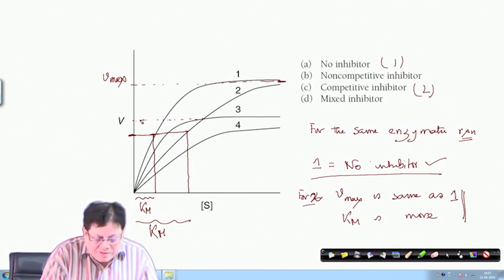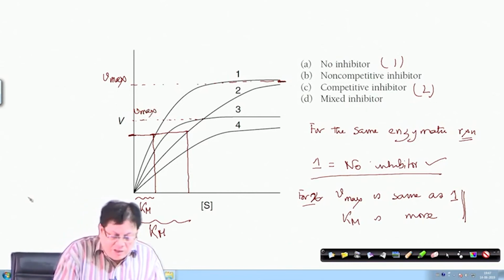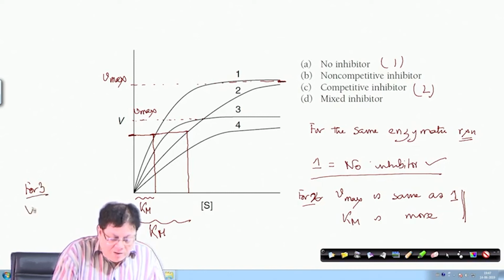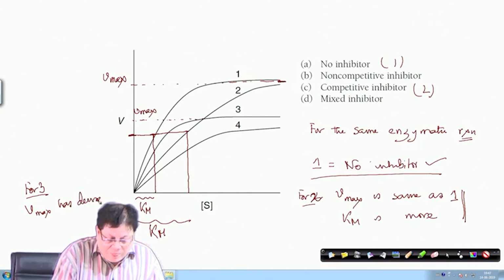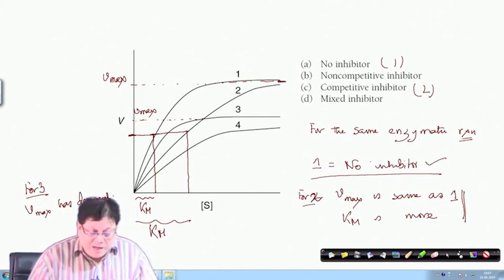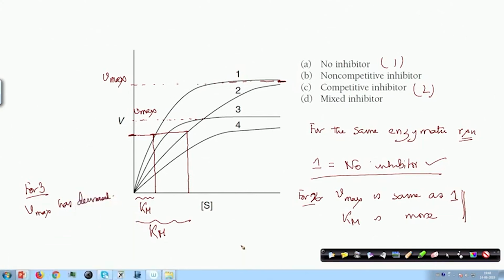The value of V max is this for the third graph. Okay. So, for 3, V max has decreased. Okay. What about Km? We have to see the Km.